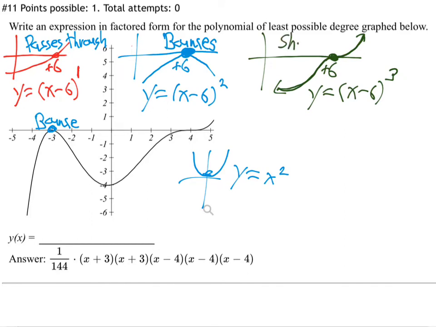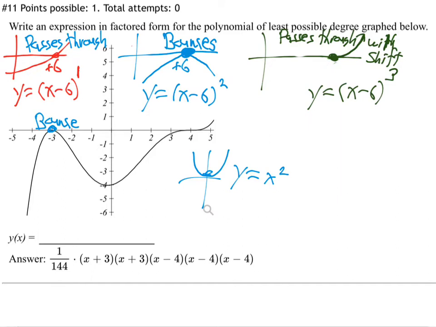It does a shift. It passes through with a shift. Let me write it that way. It passes through. So it doesn't bounce, so it's not second power. It didn't come back down, but it passed through with a shift. See how the graph shifted a little bit? See how it was kind of like it was coming in.